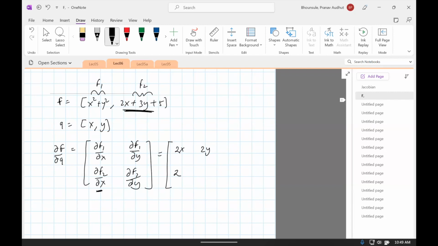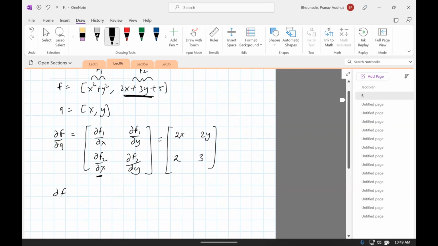And df2/dy is going to be 3. Okay, so that is the derivative. If you want to find what that derivative is at 1, 2, so x is 1, y is 2, then substituting the values, it's 2, 4, 2, 3, right?